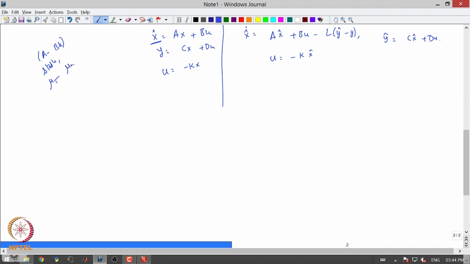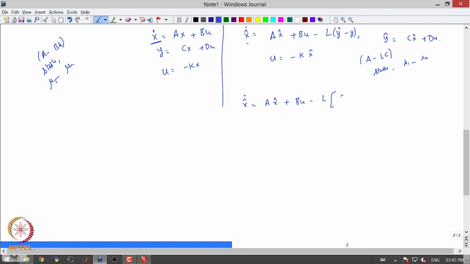And moreover, I also have the observer dynamics in such a way that the matrix A minus L times C is stable and also has eigenvalues at say some lambda 1 till lambda n, right. And now all of these dynamics together must be stable. Okay. So, x hat dot is A x hat plus Bu minus L. Okay, what is y hat?